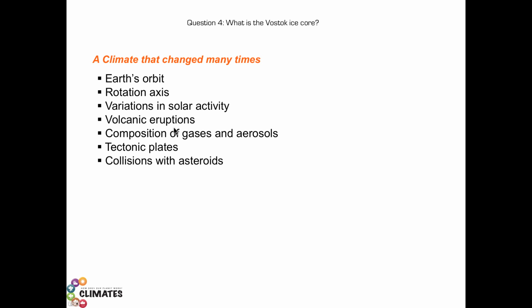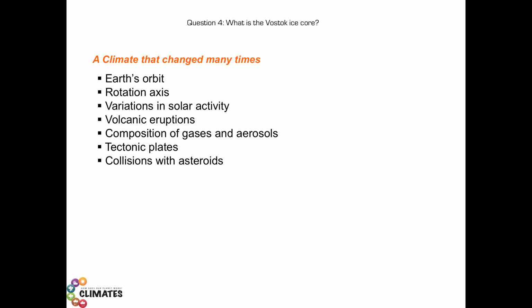We can add the change in composition of gases and aerosols during the Earth's history, the consequences of tectonic plates, which play a significant role on the Earth's climate by modifying, for example, the shape of oceans and by moving continents at other latitudes. Collisions with asteroids can also be mentioned, since such events transform the soil, the atmosphere, the stratosphere.